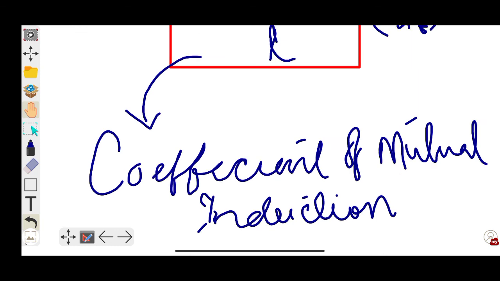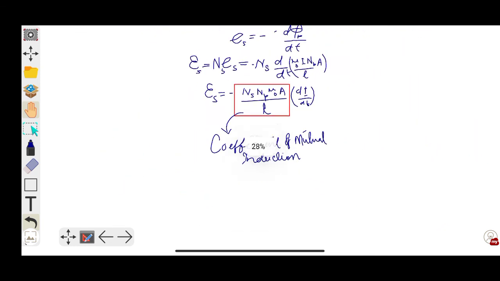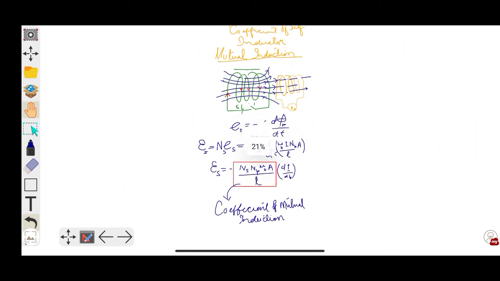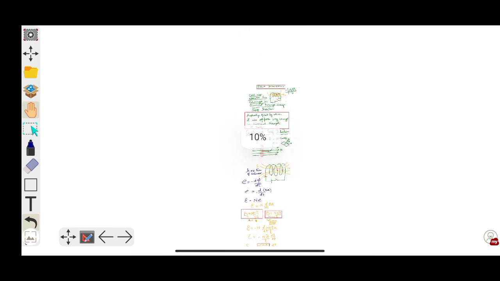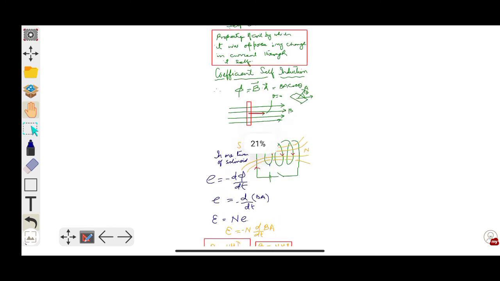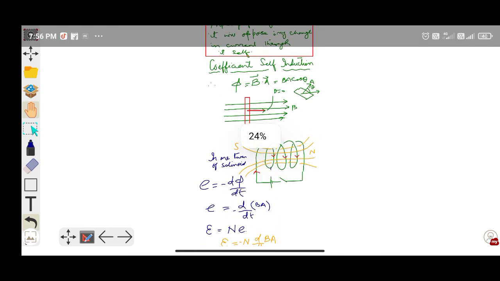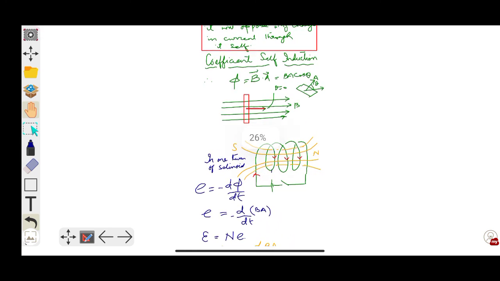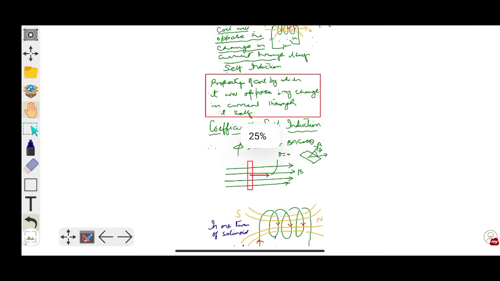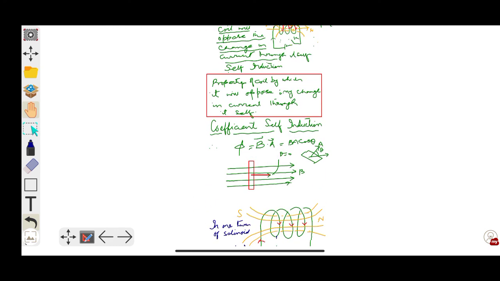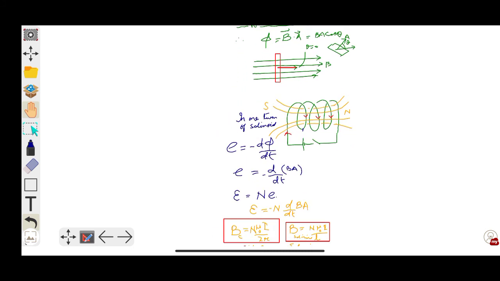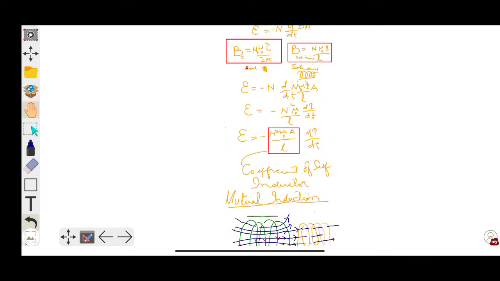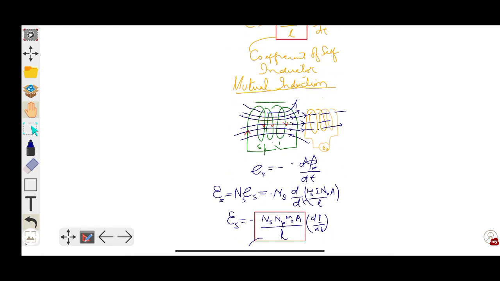I'll quickly sum up what we have done so far. You started with self induction, which is the opposition to the change in current through itself, so a single coil is required. If you have two coils, then the neighboring coil opposes the change in flux.